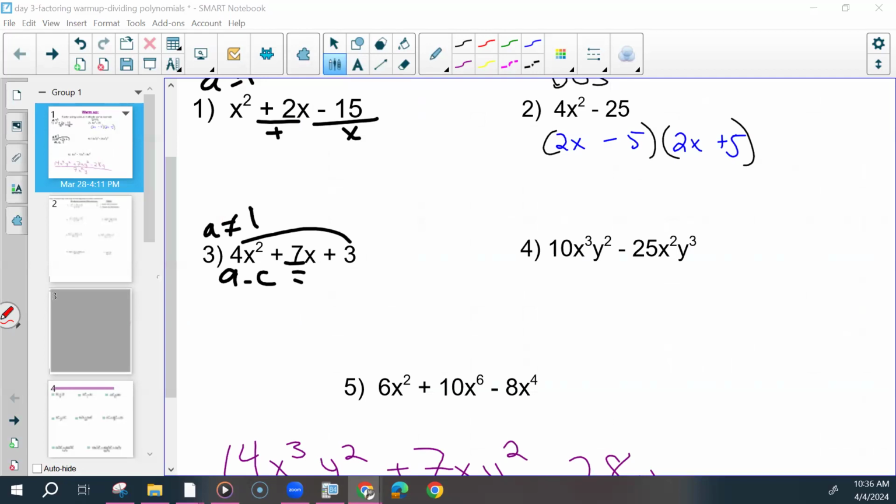What can be divided from everything? So number wise, what can be divided from both, and then variable wise, the lowest exponent that everything shares.